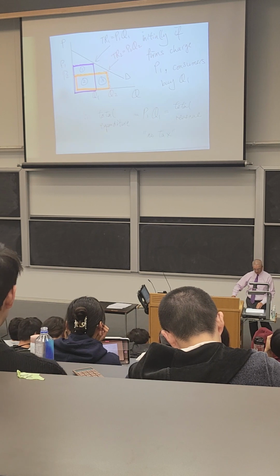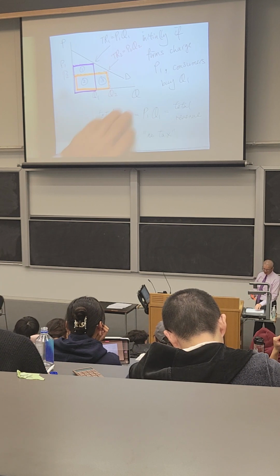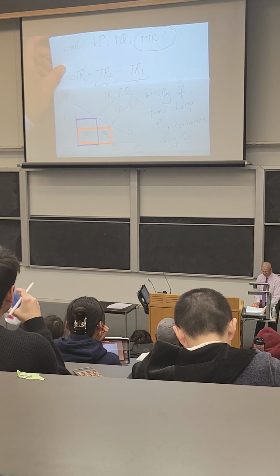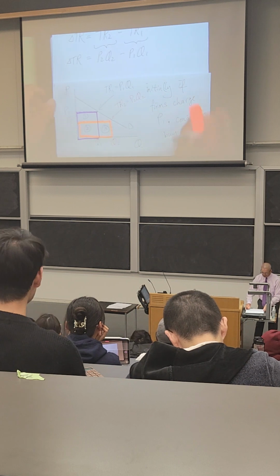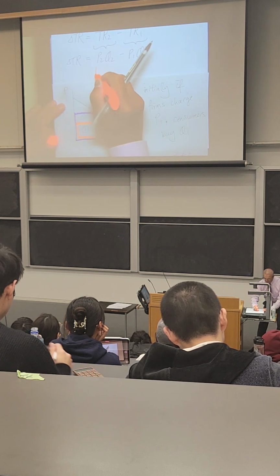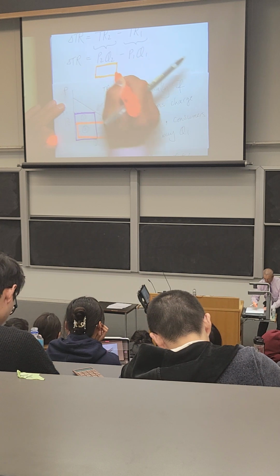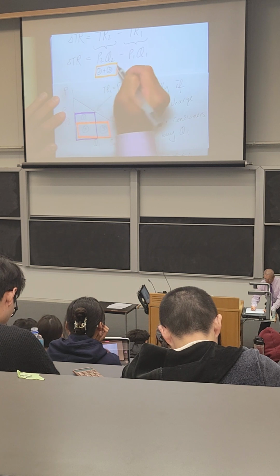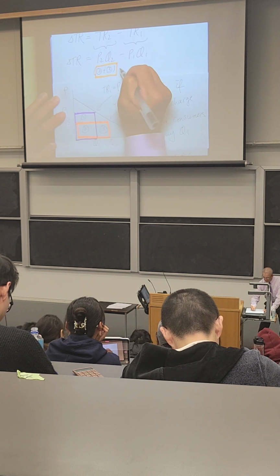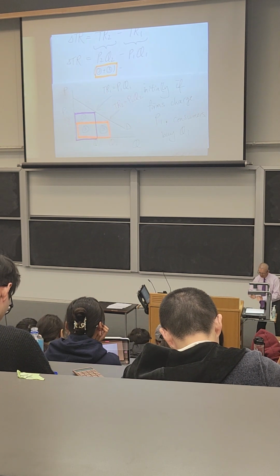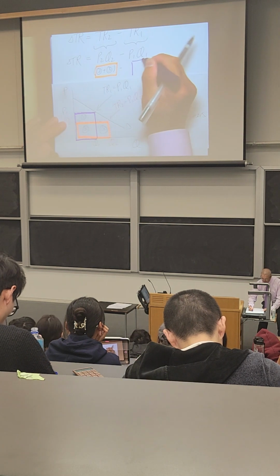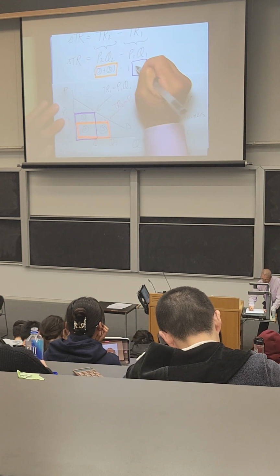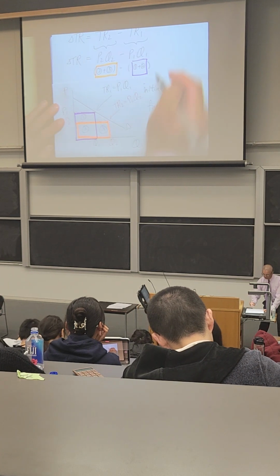Now, the new total revenue, TR2, represents the orange rectangle, which is area 2 plus area 3, minus the purple rectangle, which is area 1 plus area 2.